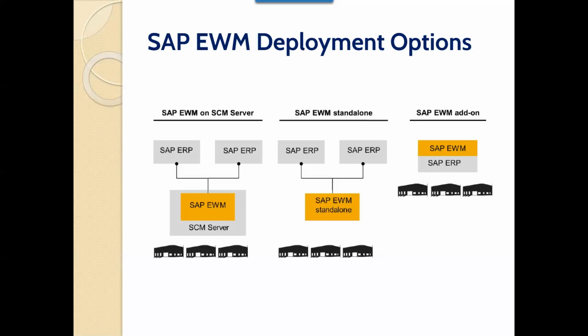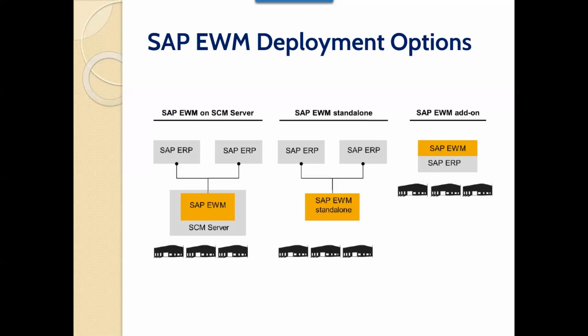Another way of deployment is that they don't want to use SAP for their ECC. They want to use another third-party system, which means all EWM transactions will happen in EWM, but ECC, PP, QM, SD and all such things will happen in their own system, maybe Java or other systems, a mainframe system or anything.